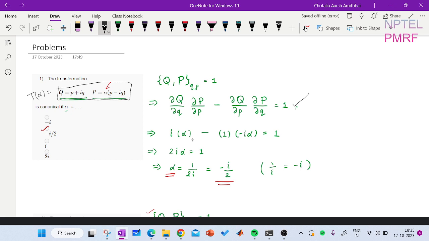What we want to do is find the precise value of alpha for which this transformation becomes canonical. So we calculate for every alpha the value of the Poisson bracket, and that value is 2I times alpha, and that must be equal to 1 for a canonical transformation. So from this we get the value of alpha, which is 1 over 2I in this case.